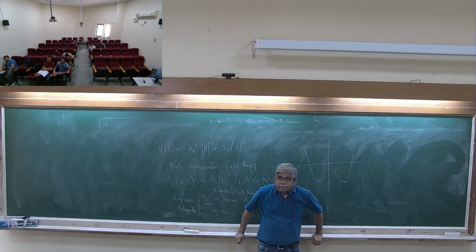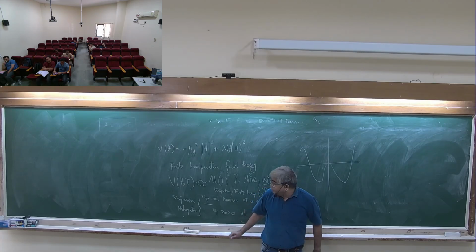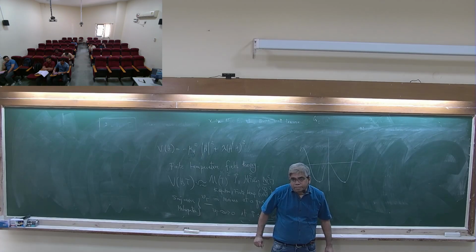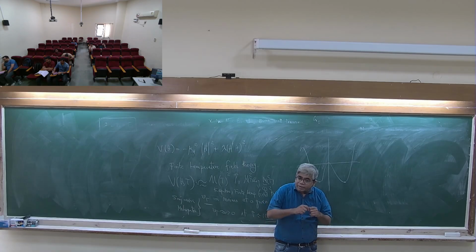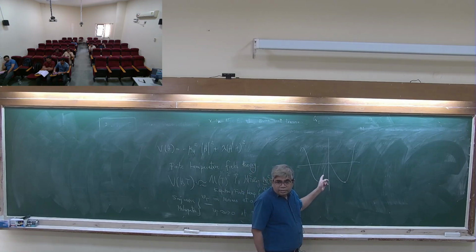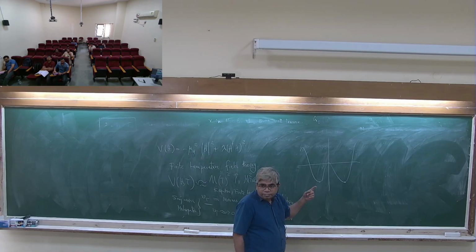Now, if you want to restore this symmetry, it's not sufficient that you start measuring the Higgs couplings at higher and higher values. At higher and higher values, what happens? The shape of the potential keeps changing.